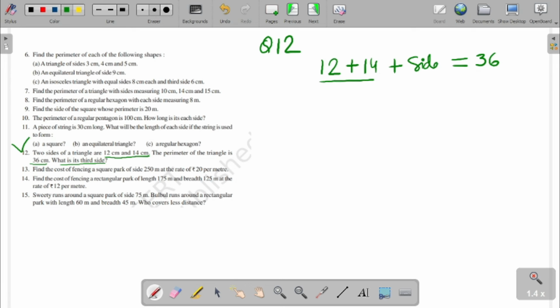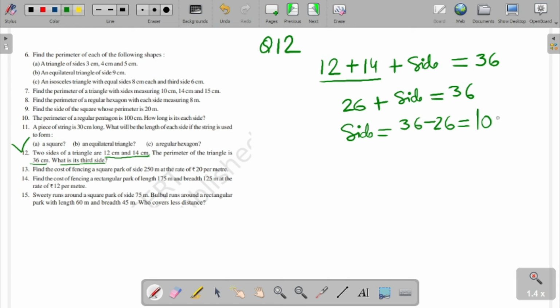So if you add these two, 26 plus side is equal to 36, or third side is equal to 36 minus 26, that is equal to 10.